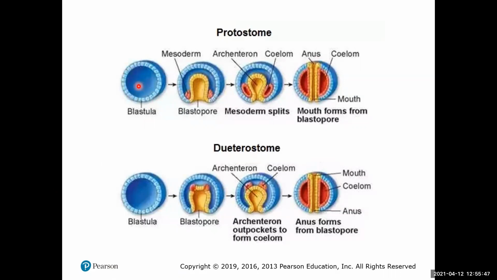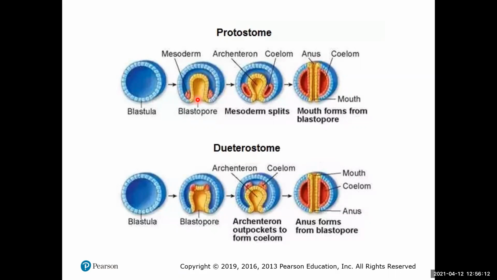So you have a blastula. Now, the cells on this blastula will invaginate and lead to what's called a blastopore. Okay? This blastopore is an opening in the organism's digestive tract.